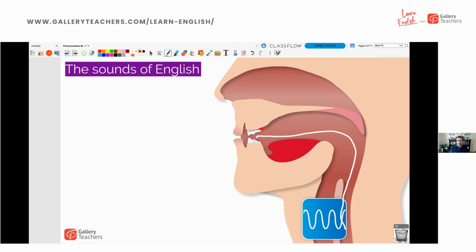Maybe your tongue is going to touch here, or maybe the back of your tongue comes to this part, right? Yeah, exactly, Amel. This is all about articulation, how we use the mouth to make sounds.